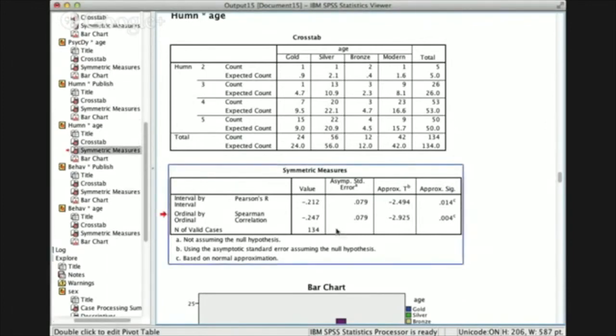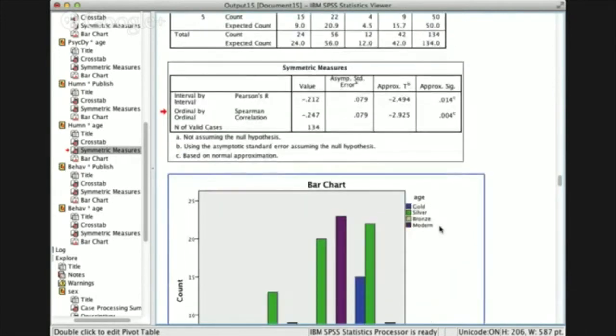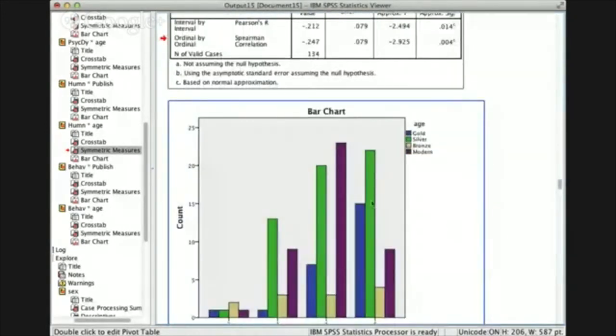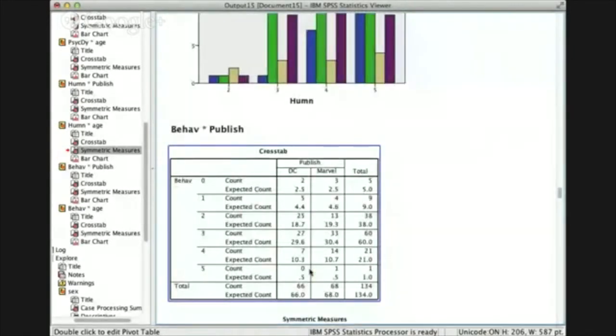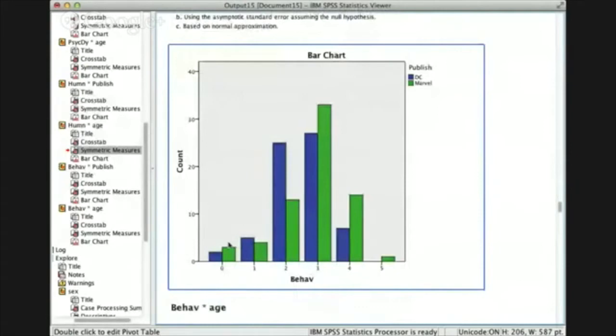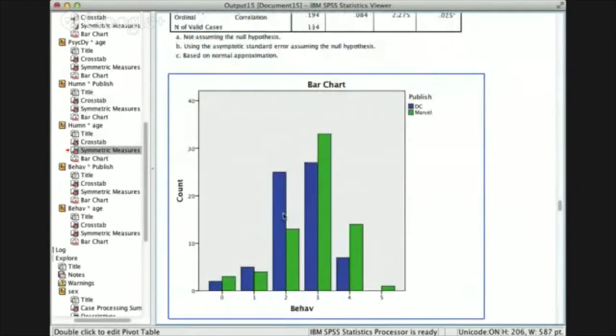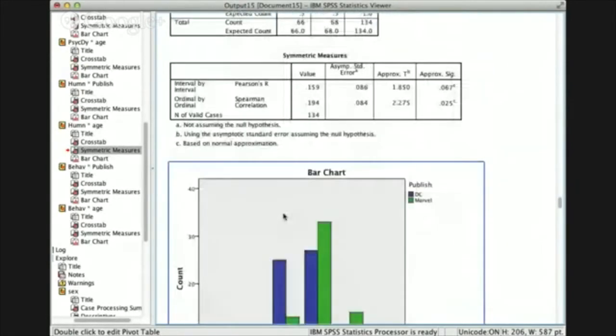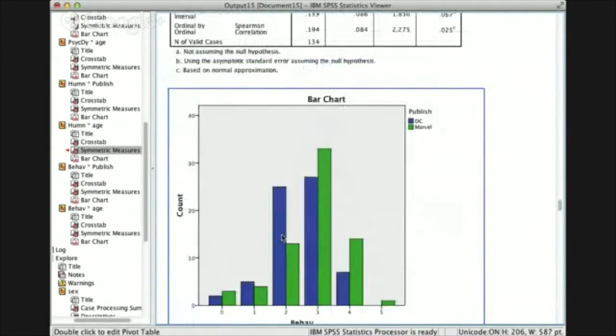There we go. Okay, so the Pearson R and the Spearman are both correlated, which means that there is a relationship between the age and the humanistic model. And finally, the behavior model is the last one that I ran the crosstabs for. You can see that the DC and Marvel are relatively close.